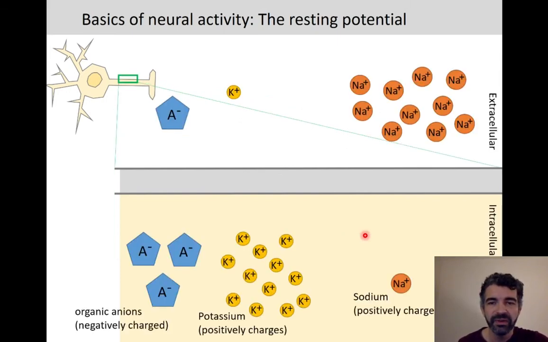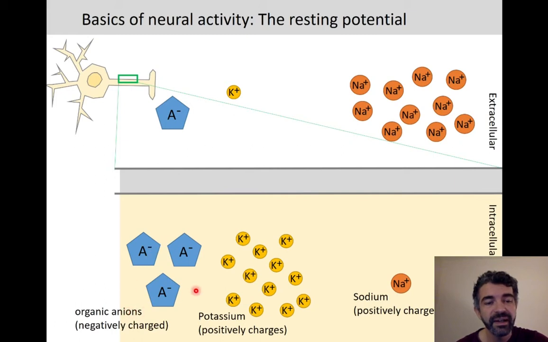There are a lot of different particles and ions inside and outside of our neuron, but I will be focusing on organic anions, potassium and sodium, because they're most crucial in order to understand how the resting potential is kept stable and how an action potential comes about.